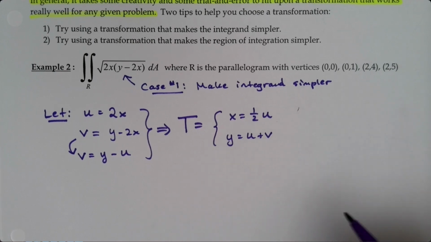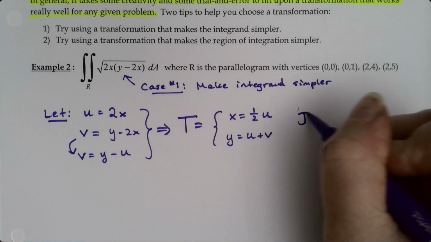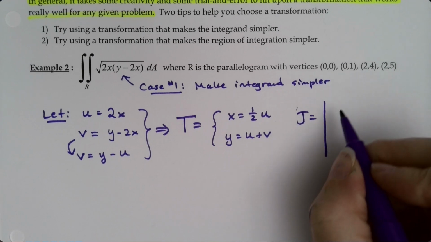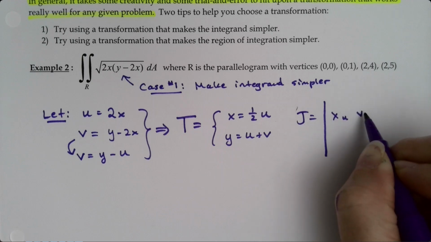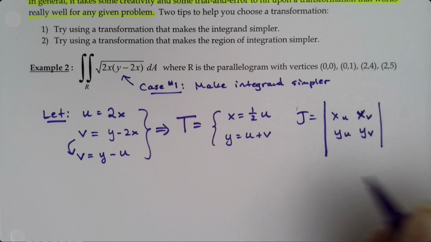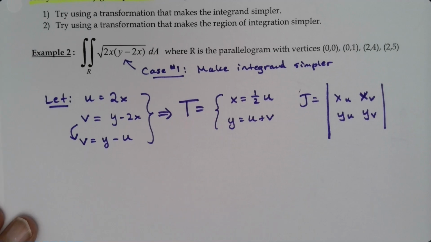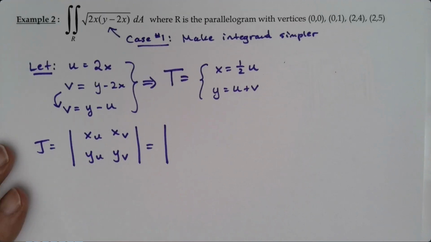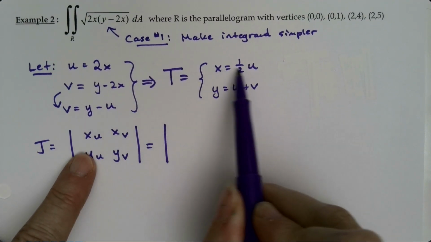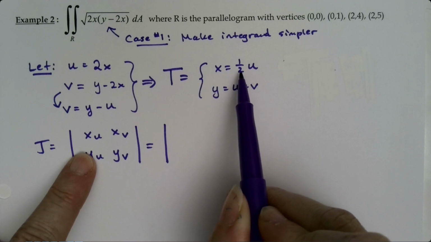So we need our Jacobian. The Jacobian is the determinant. I keep trying to say discriminant. Determinant. x_u, x_v, y_u, y_v. Okay, so xu: I take the derivative of my x function with respect to u, which would be 1/2.